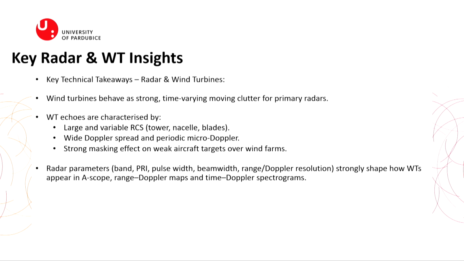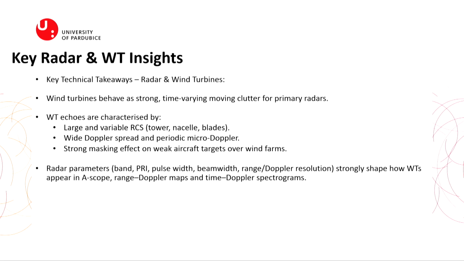Echoes have very variable RCS, radar cross section. Why Doppler spread? It depends of course on the speed of the wind turbine and length of blades, if I could simplify it, and of course the shape of the blade. And this behavior has a strong masking effect.